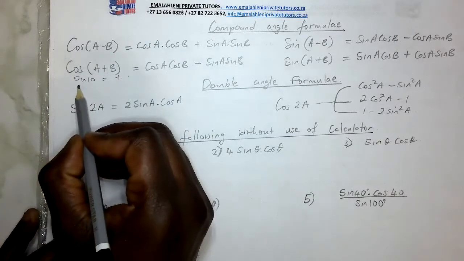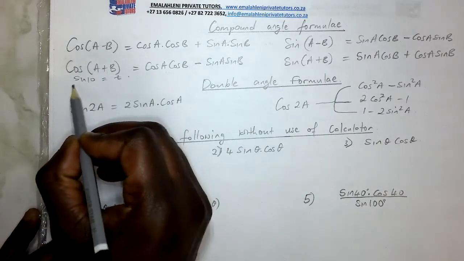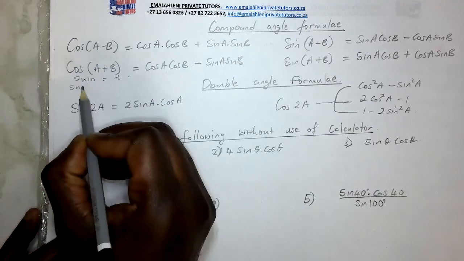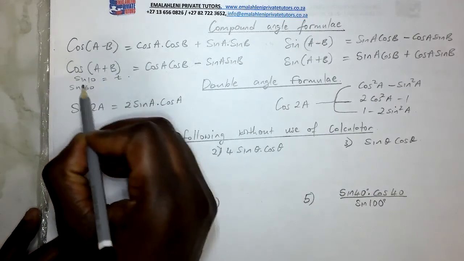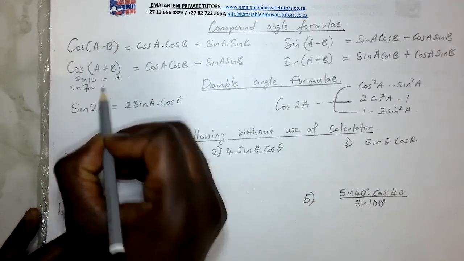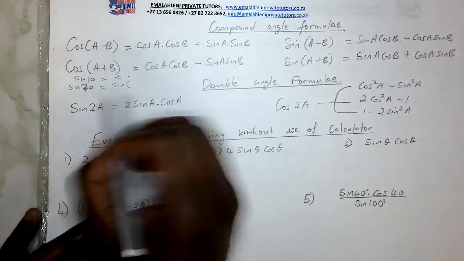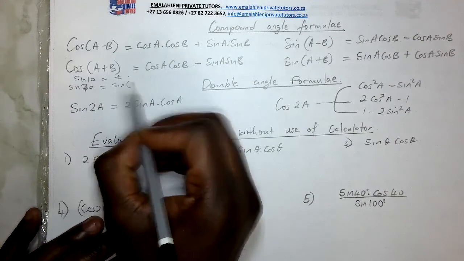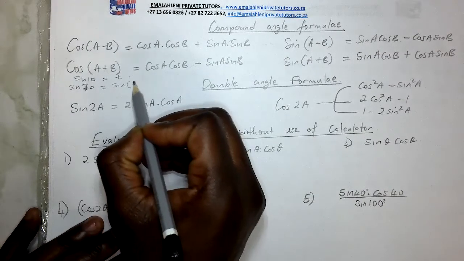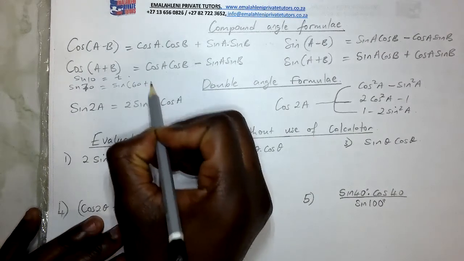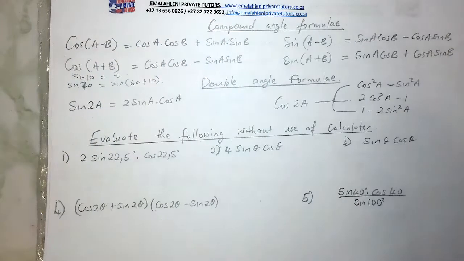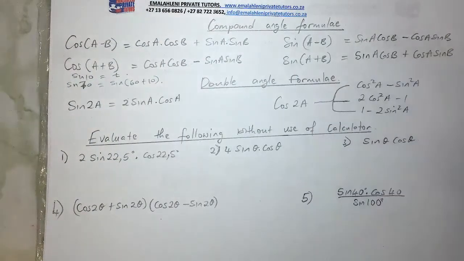Then we are asked to find sine 70. This is going to be sine in bracket 60 plus 10.